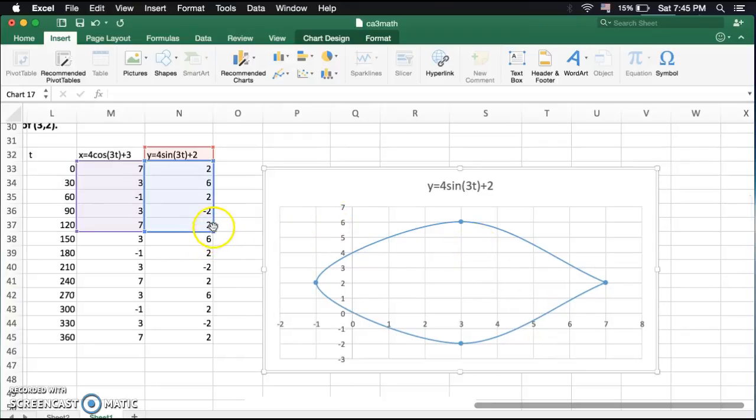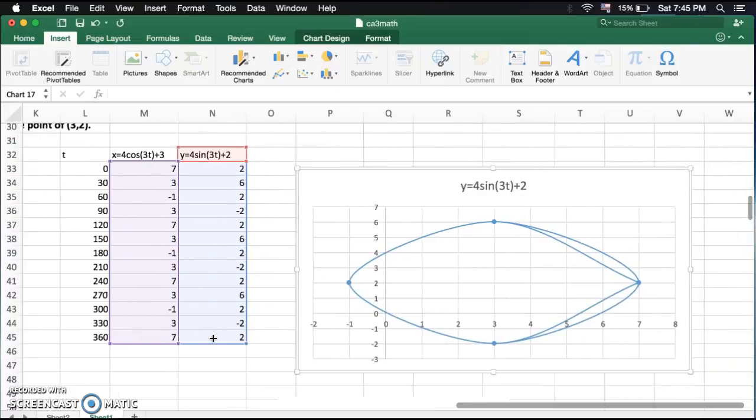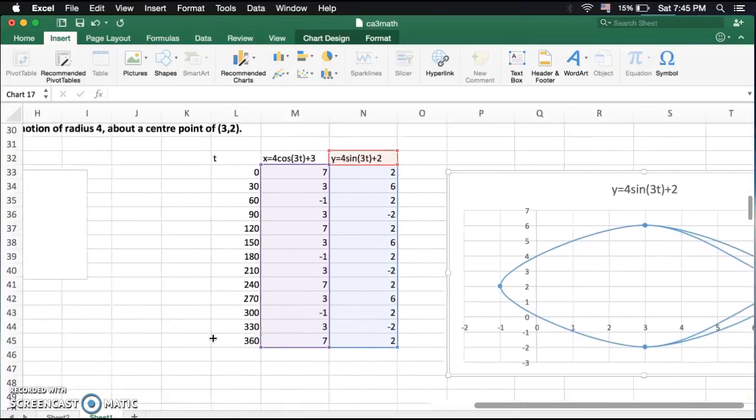And we drag it down to 240. It has another circle again. And until 360, there are 3 circles inside.